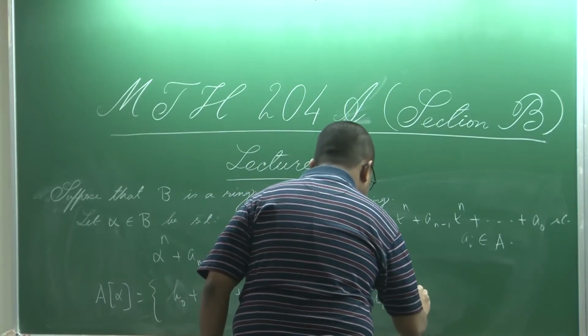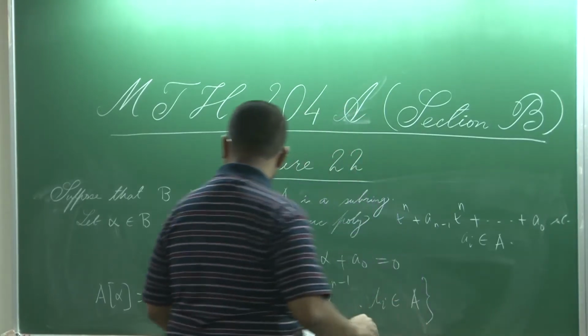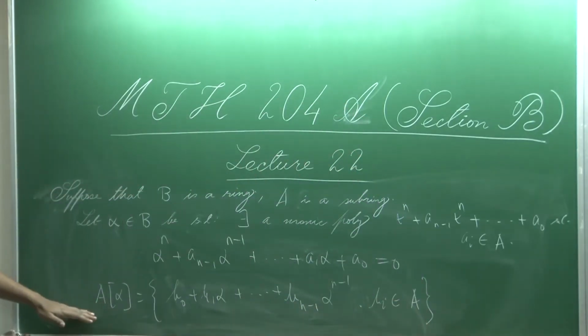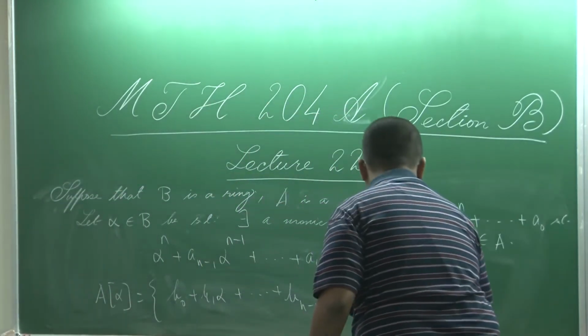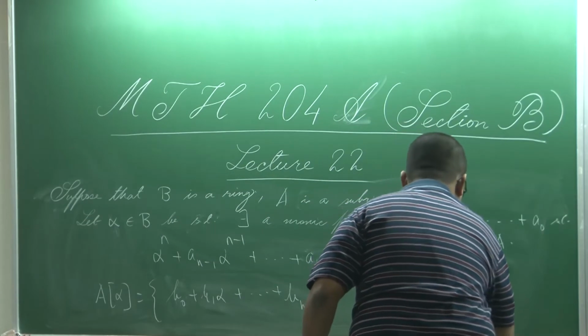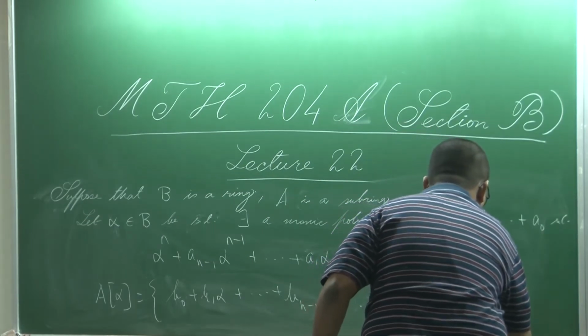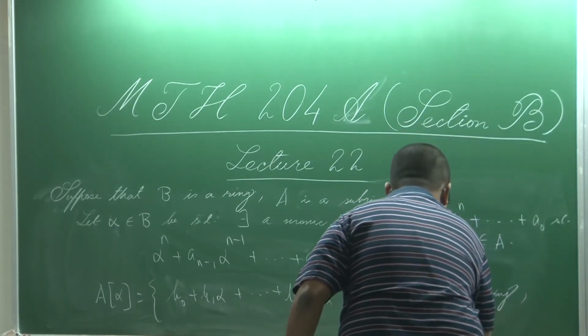It is easy to see that this also forms a subring of B. So, in particular this is a ring, in fact a subring of B.